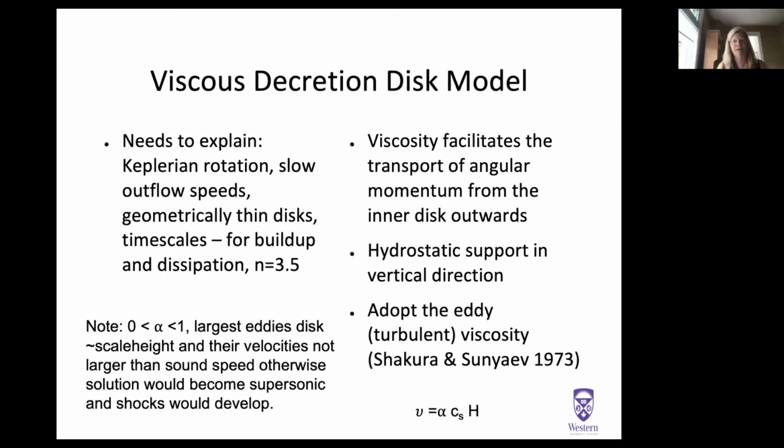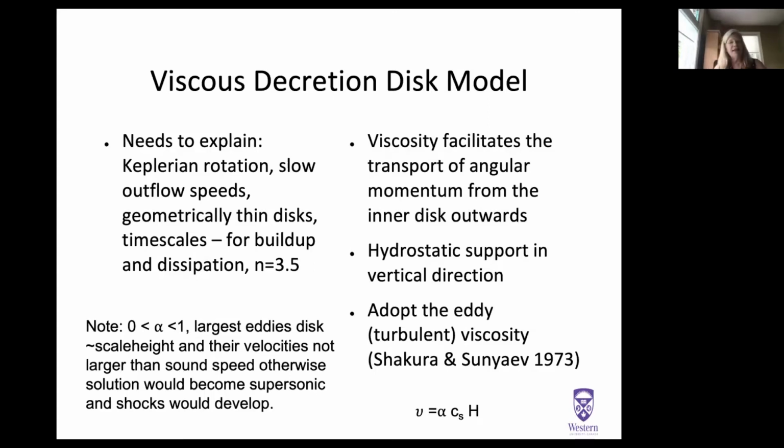That means the disk is gravitationally dominated, with slow outflow speeds and geometrically very thin, and any model has to be able to explain the periods for the buildup, the dissipation, etc. Viscosity basically facilitates the transport of angular momentum from the inner disk outwards. In the vertical direction, perpendicular to the disk, it is hydrostatically supported.